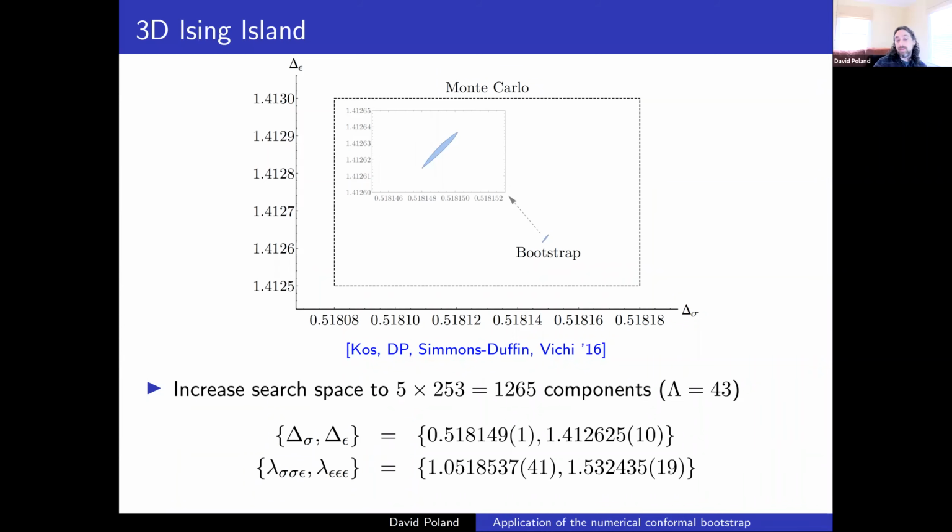I mean, the other frontier for the Ising model is to go to a larger system of correlators beyond sigma and epsilon. So you could include the epsilon prime. You could include sigma prime. You could include other operators of spin, like the stress energy tensor.